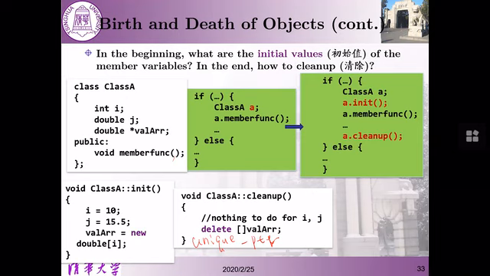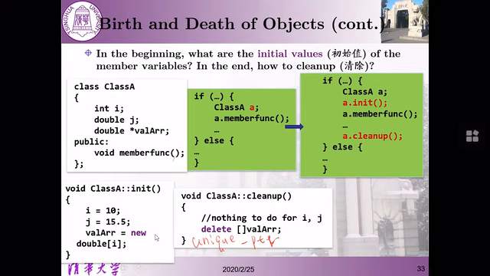The system will never find this memory again because we did not clean up the memory. So this is very important. We need to delete it. But if we use unique_ptr, the unique pointer will help us clean up automatically. We don't need to do it by ourselves.